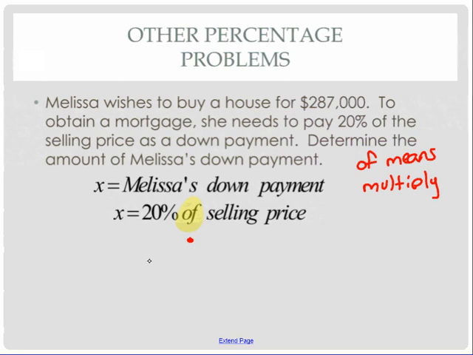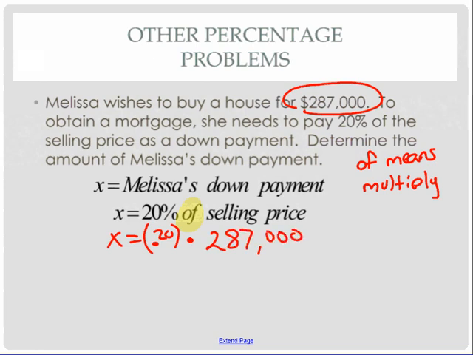Okay, so X equals 20%. I'm going to make that into a decimal as 0.20 times, that's of, and then the selling price. Let's see, Melissa wants to buy a house for $287,000. That must go right there, $287,000. So all I've got now is 0.20 times 287,000.